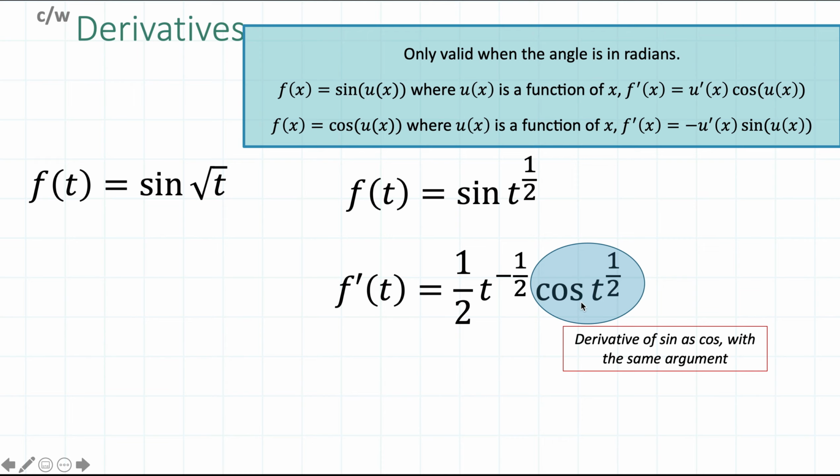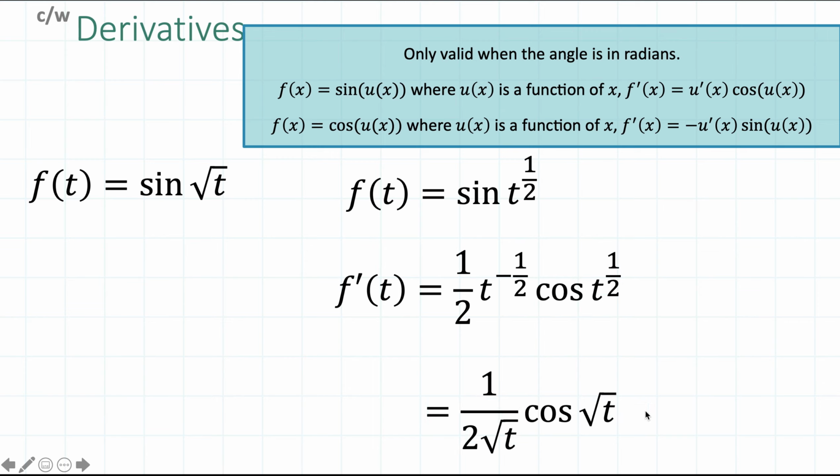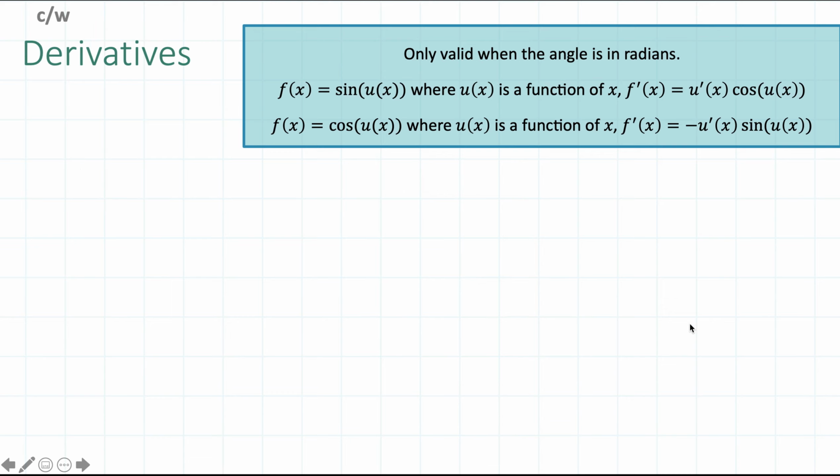Sine becomes cosine, and you keep the same argument. So you won't change the argument, but you've derived the sine already. Then I'm going to simplify it. The negative a half becomes a root in the denominator because of the negative. So we end up with this simplification, and you can keep it as it is. Obviously, the roots of t don't cancel, because one is the argument of cos and the other is in the denominator.